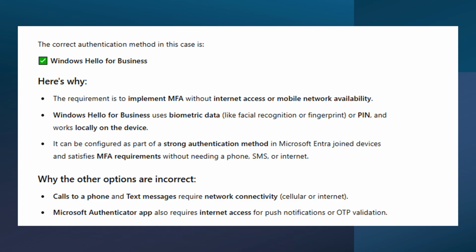The correct answer here is Windows Hello for Business. The requirement is to implement MFA without internet access or mobile network availability. Windows Hello for Business uses biometric data like facial recognition or fingerprint, or a PIN, and works locally on the device.